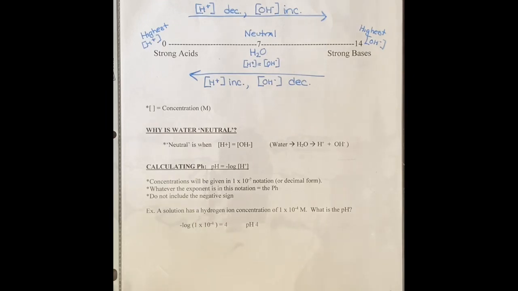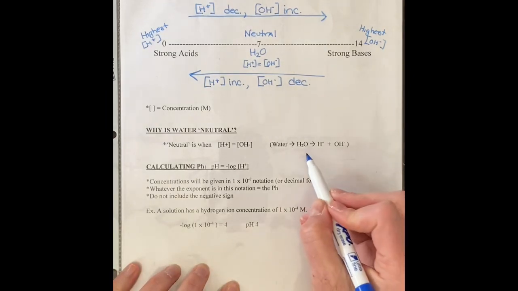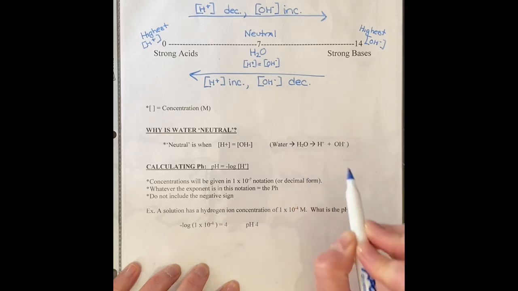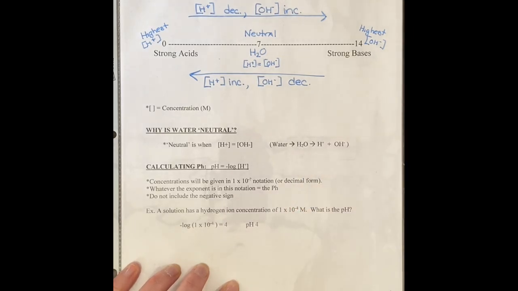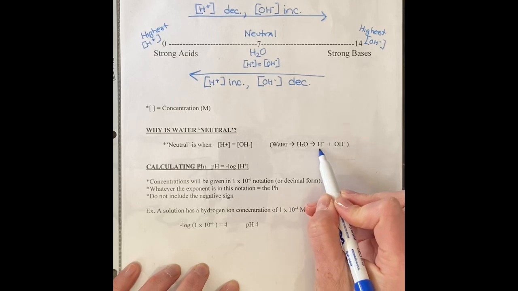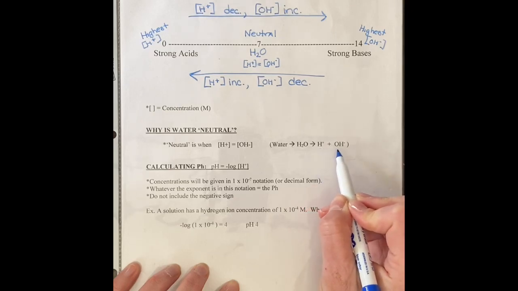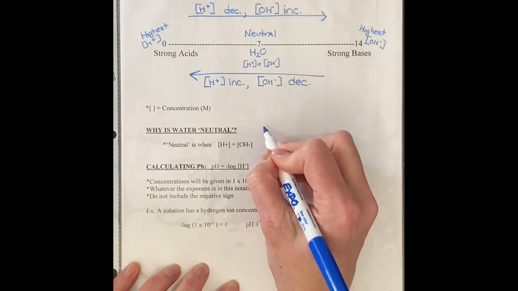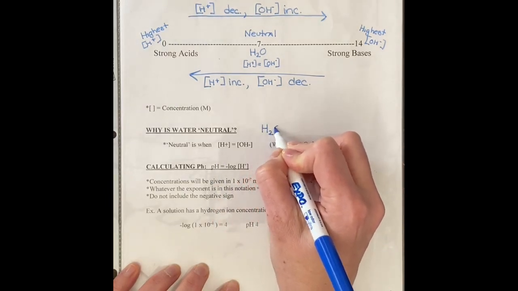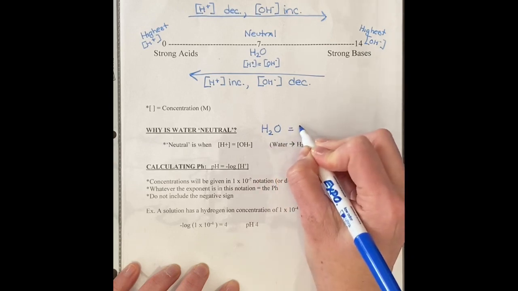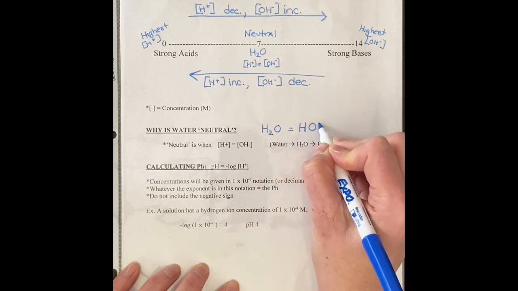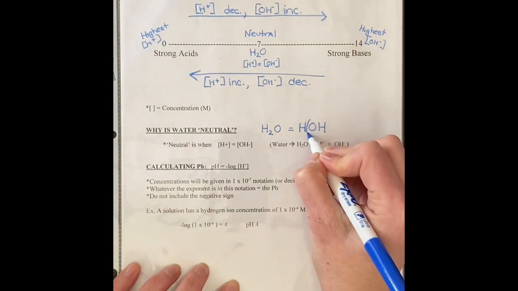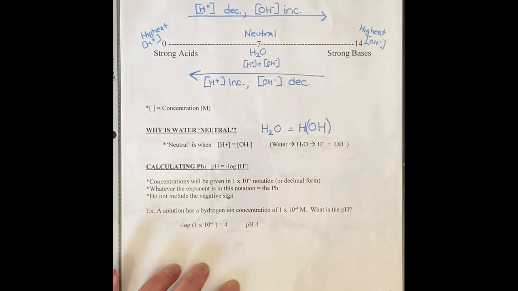So why is water neutral? Well, think about the formula. H2O is actually a combination of an H+ bonded with an OH-. So the formula for water can also be written as HOH, which is basically hydrogen and hydroxide.